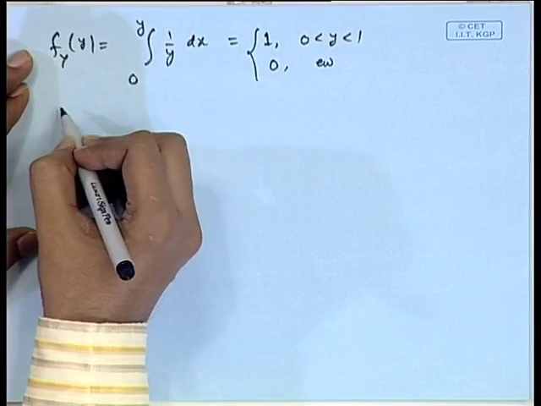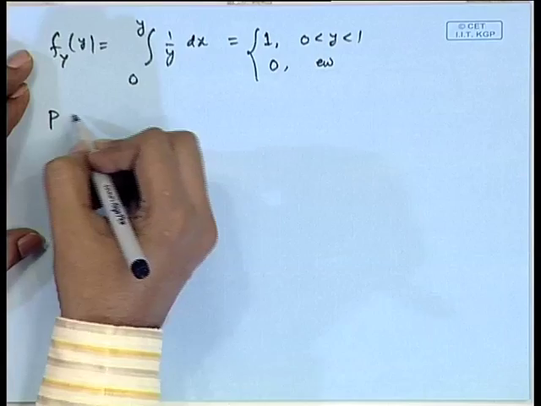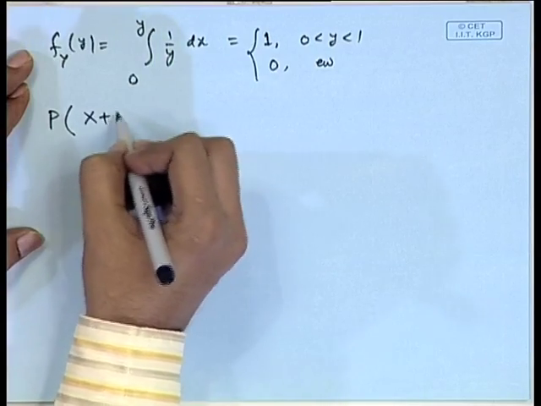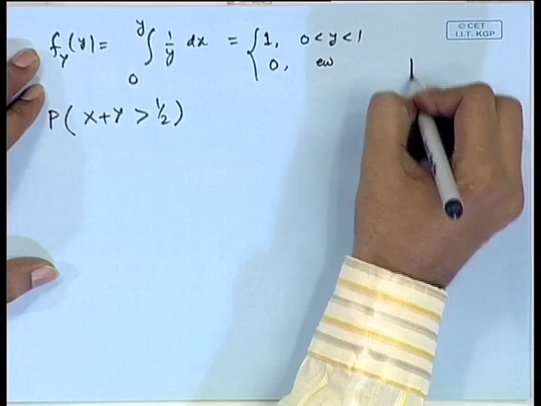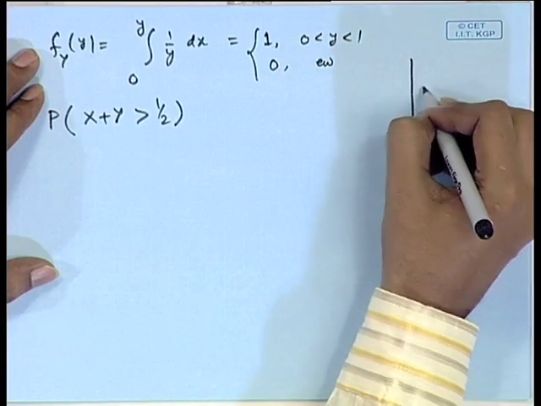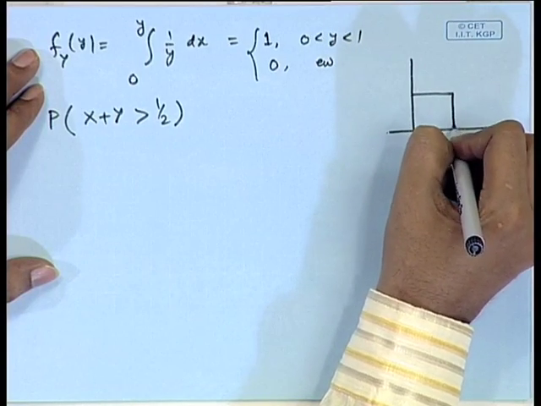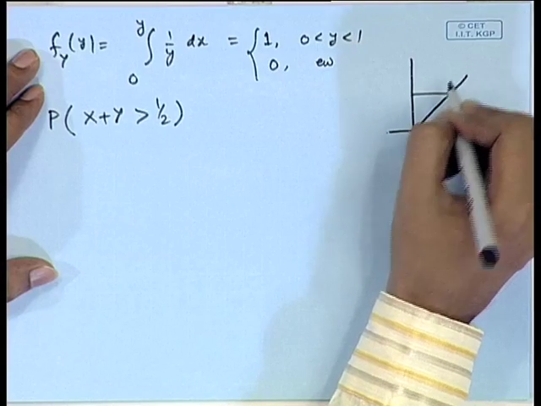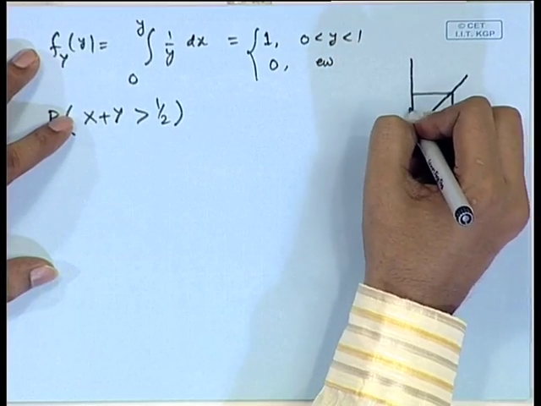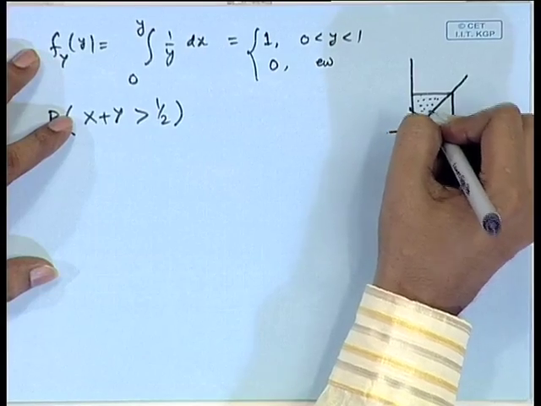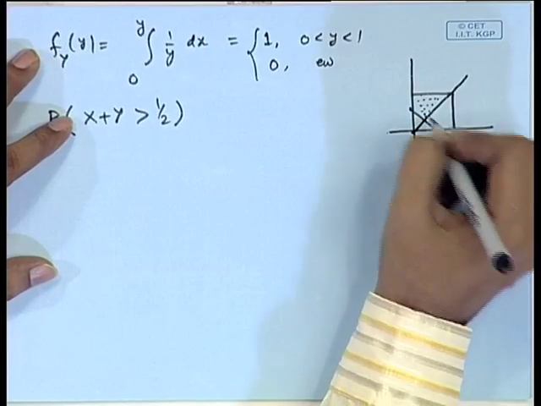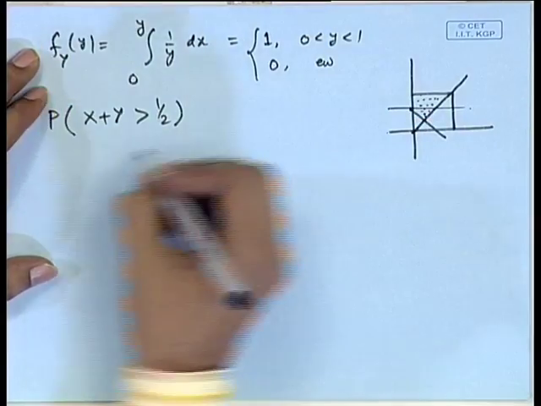Suppose we want to answer a question regarding say probability of x plus y greater than half. So, once again we look at the region of integration. x plus y is equal to half is this line. So, the region of integration for this part is this, which we can again split into two portions.